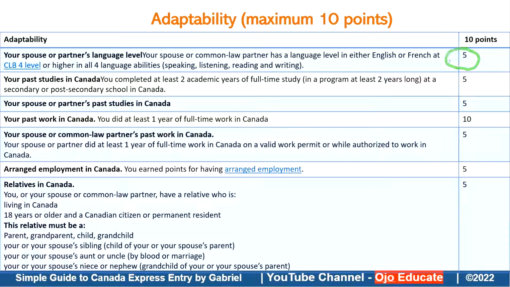You're going to get 5 points for that. Your past study in Canada is 5 points also. Your spouse's past study is 5 points. Then there is your past work in Canada. If you are working in Canada, you have 10 points for that, and like that. So these are the details of how to get the maximum points for this.